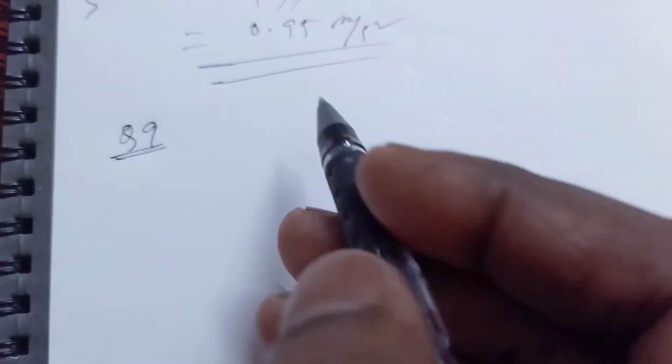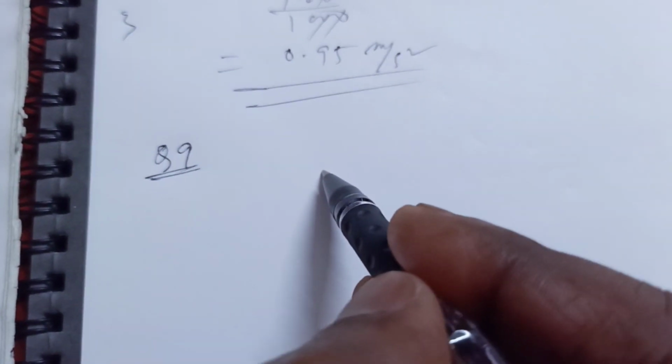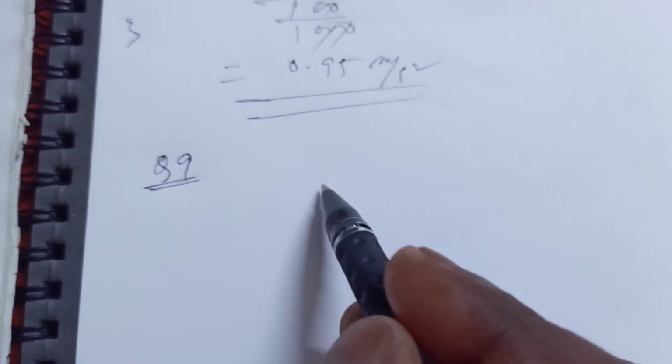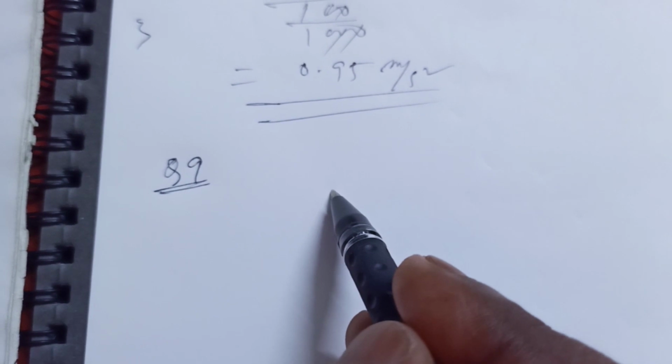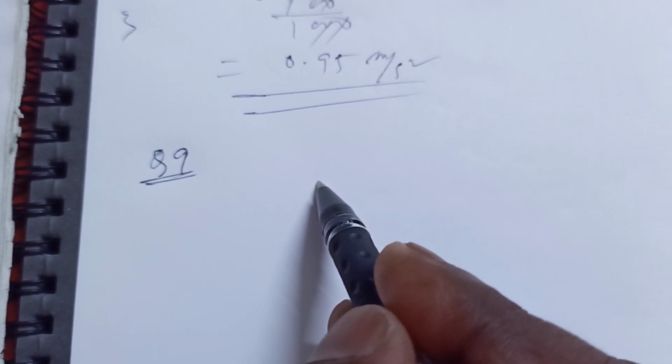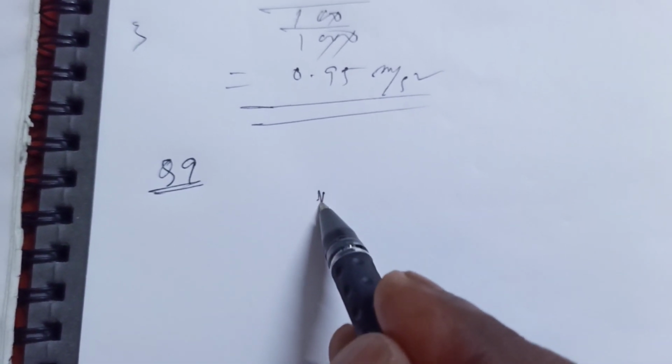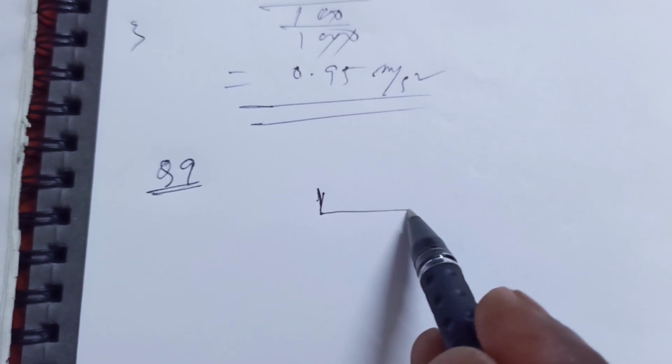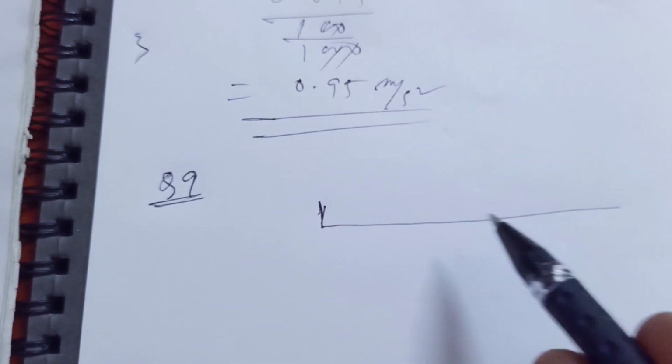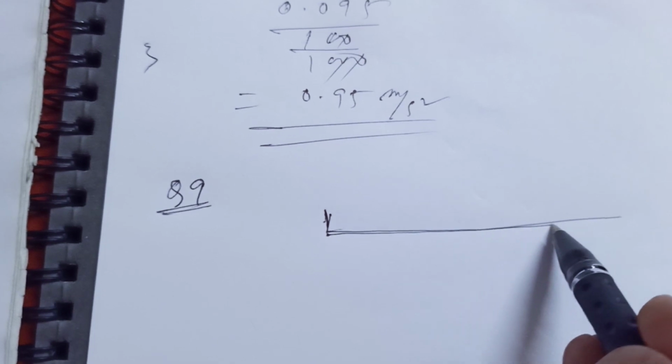So, uniform meter rule: what is a uniform rule? Uniform means the meter rule has the same materials or properties. Suppose this is a meter rule.